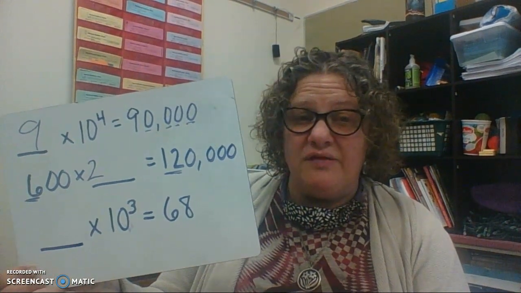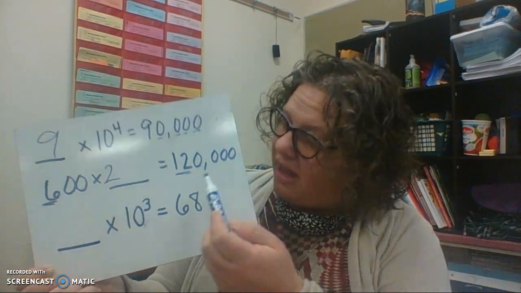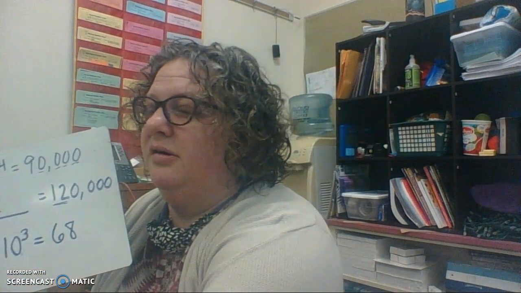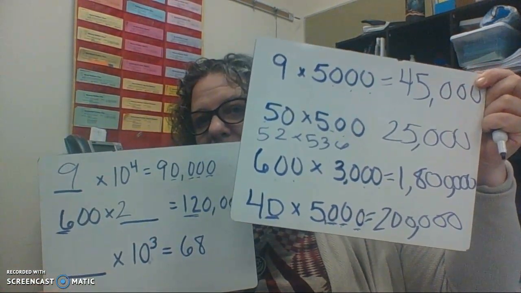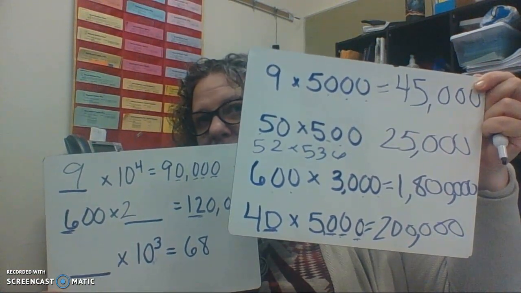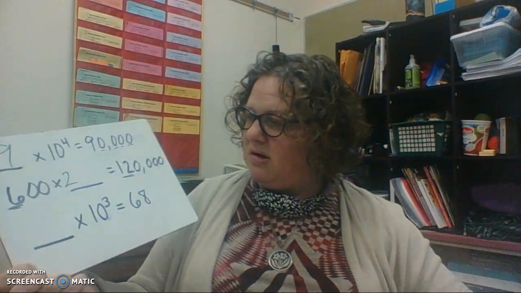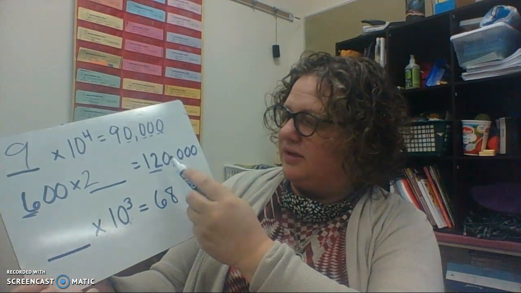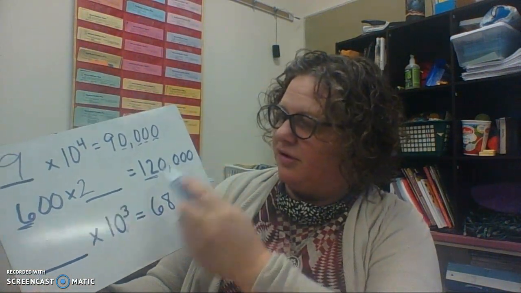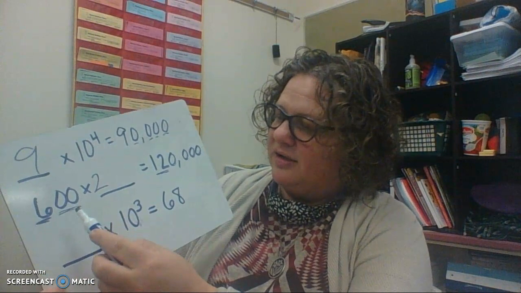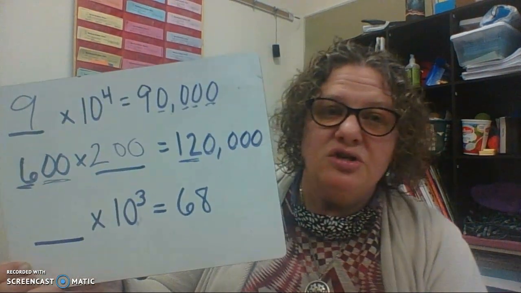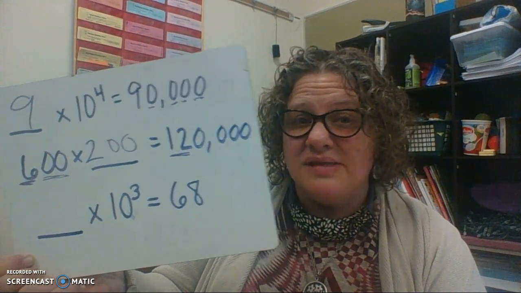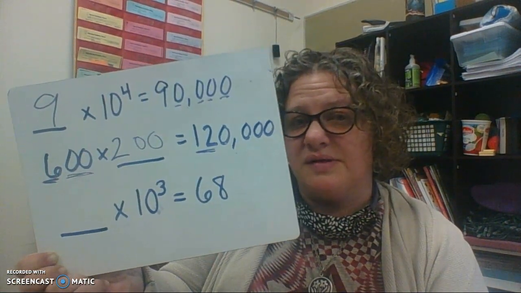Then the next way we figure this out is, if we multiply two numbers together, we end up counting the zeros in the problem before, right? So let's count these zeros. We have 1, 2, 3, 4 zeros. Well, I have 2 here, so 4 minus 2 is 2. So it looks like I would have 200 times 600 equals 120,000.